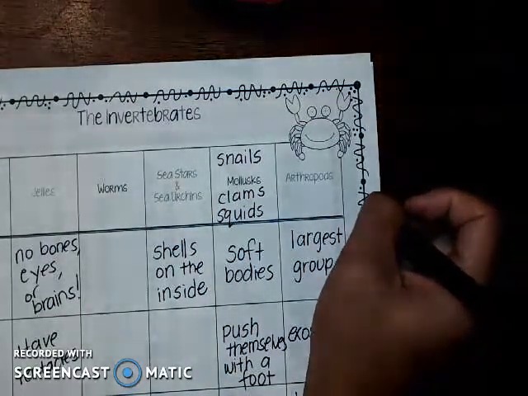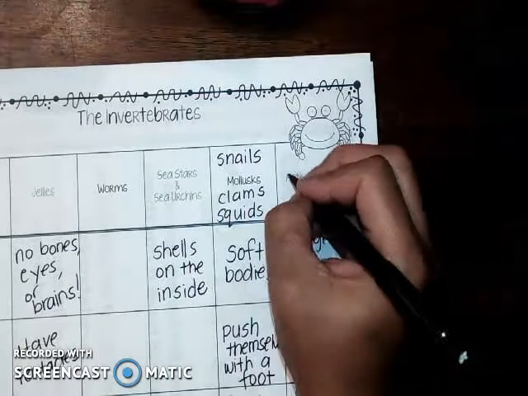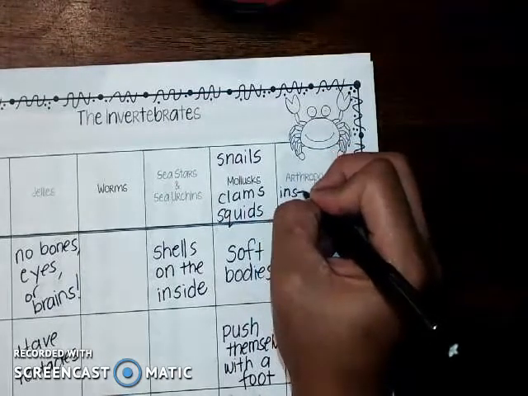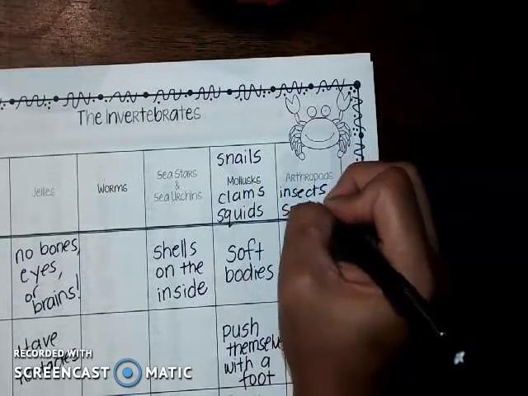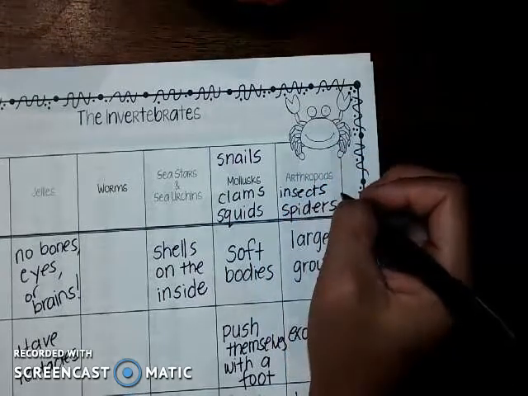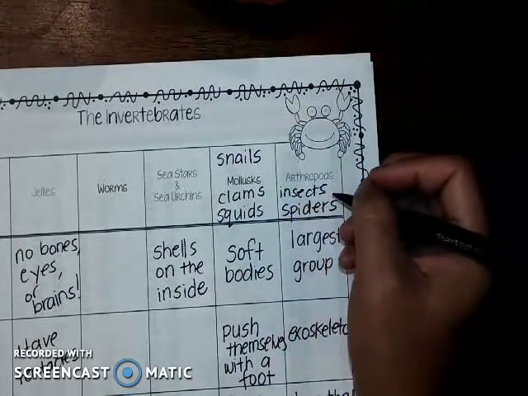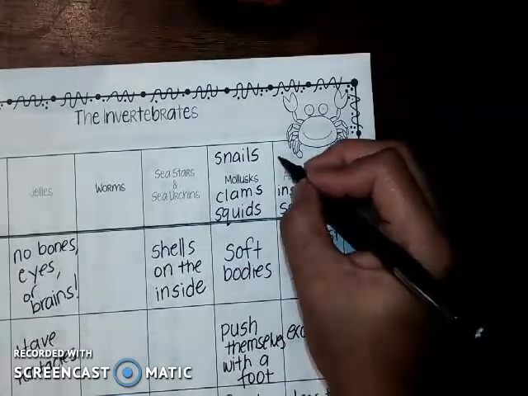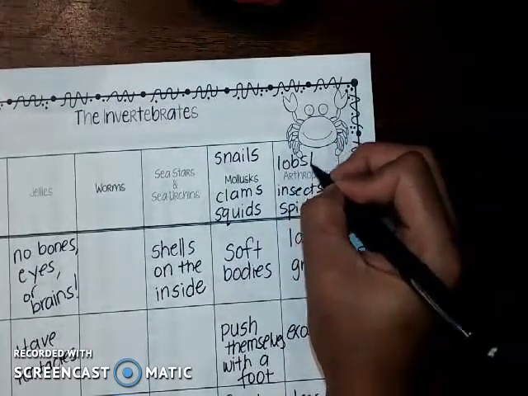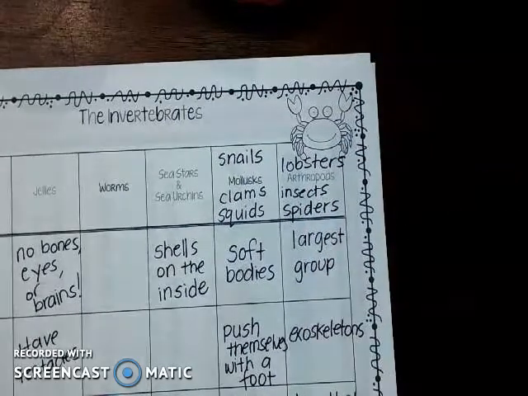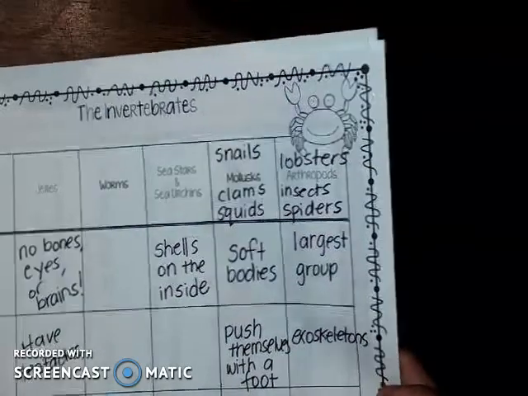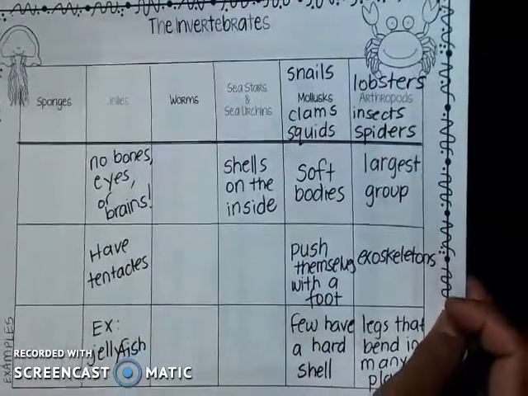In the arthropods, I'm going to write insects, spiders, and then lobsters, a lobster. So those go in arthropods. Go ahead and put those examples there in mollusks and arthropods. And remember, pause where you need to.